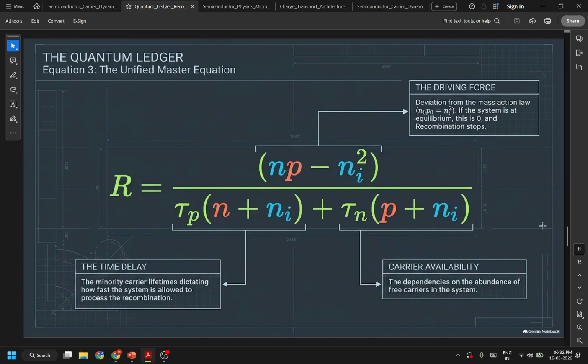If the system is at equilibrium, this is 0 and recombination stops. Whereas tau p and tau n are the minority carrier lifetimes, dictating how fast the system is allowed to process the recombination, and n plus ni and p plus ni are the dependencies on the abundance of free carriers in the system.